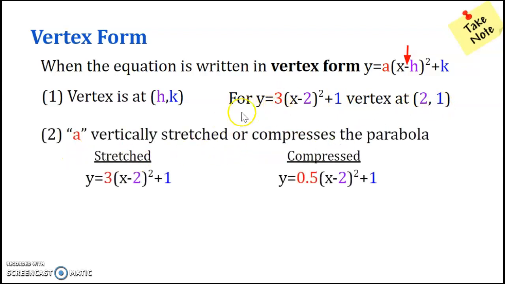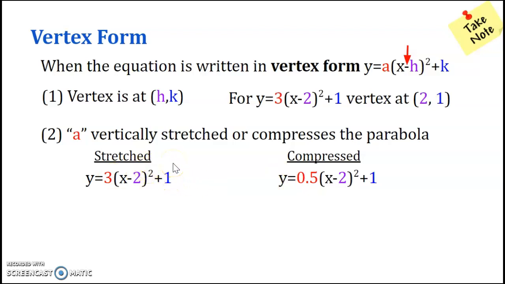Also, the number in front, the a value, determines whether the parabola is going to be vertically stretched or compressed. That means it's a skinny parabola or a wider, fatter parabola, depending on what the value is. If the value is greater than 1 or less than -1, or you can also say the absolute value of a is greater than 1, then it's going to be stretched.